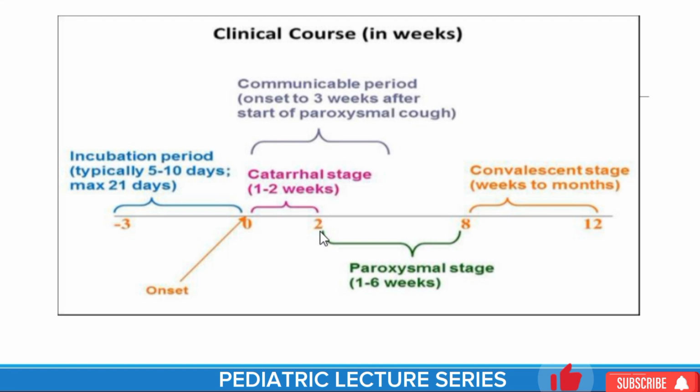Then from 2 weeks to around 8 weeks is the paroxysmal stage, whereby you have severe cough, whooping, and pertussive vomiting. Then you have the convalescent stage from the 8th to 12th week, where the frequency of the symptoms diminishes.